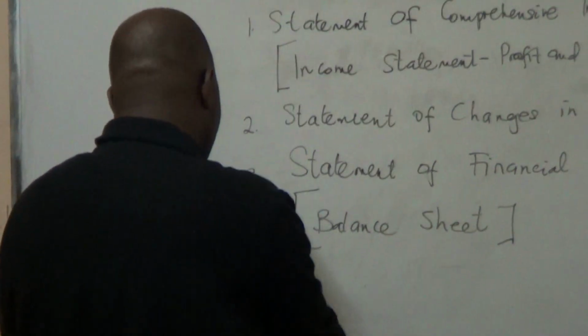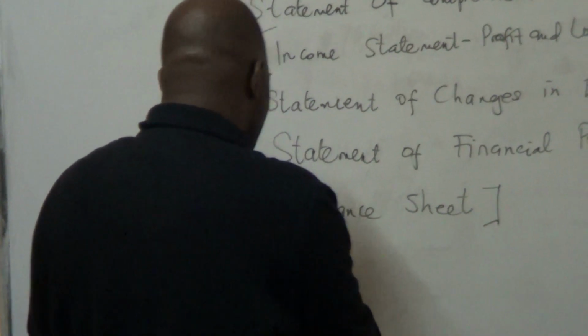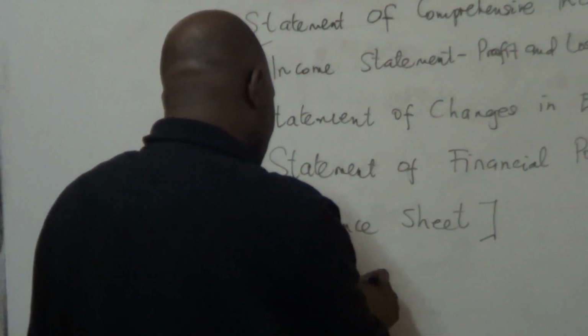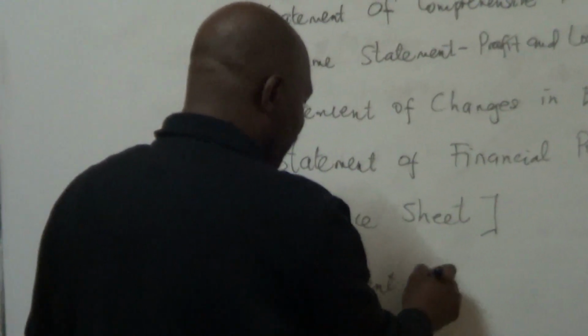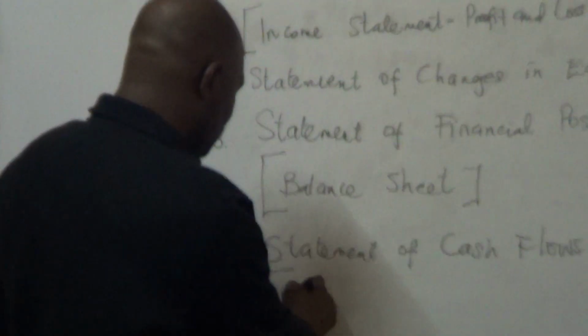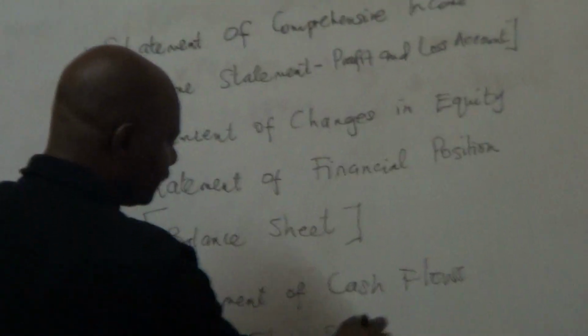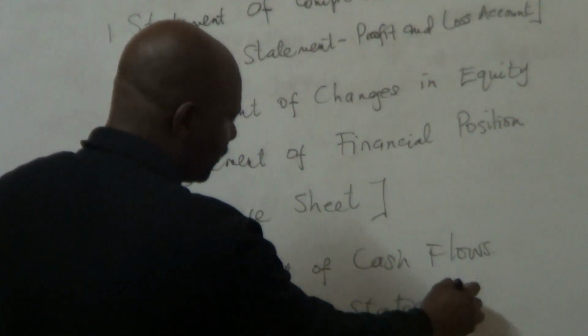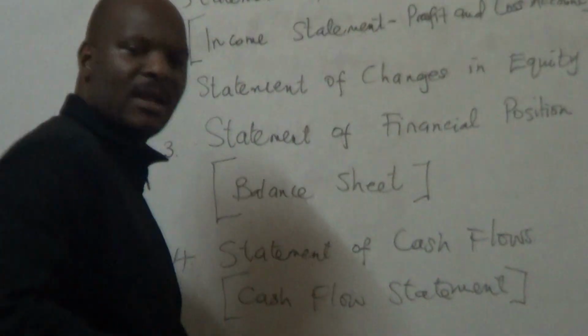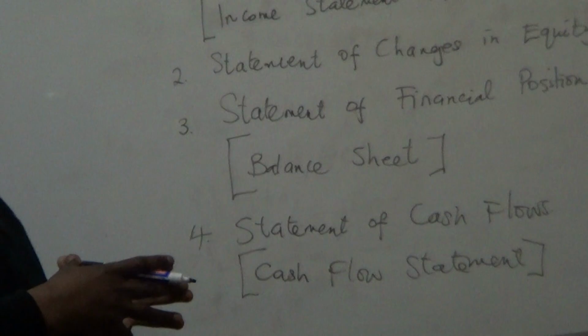Number 4 is your statement of cash flows. Some textbooks still say cash flow statement. It is still one and the same thing, right?